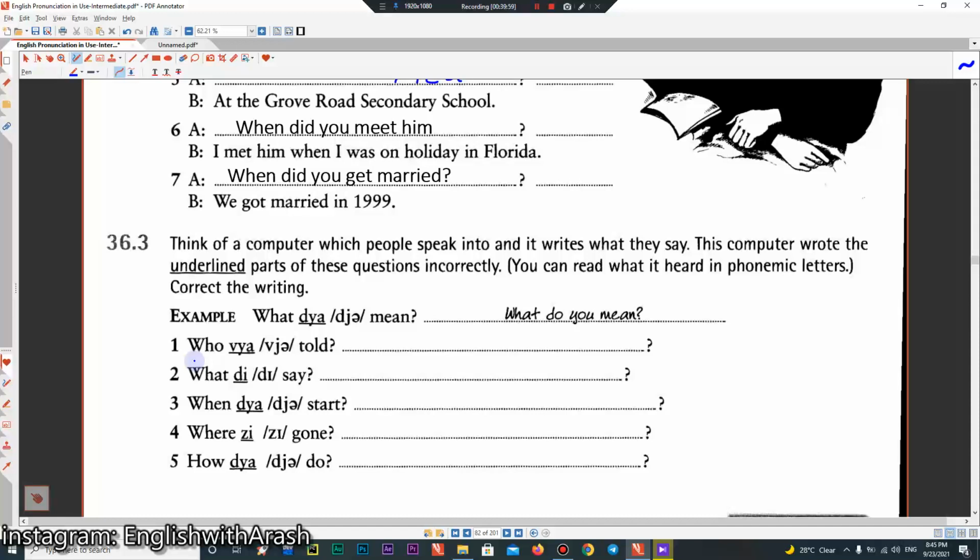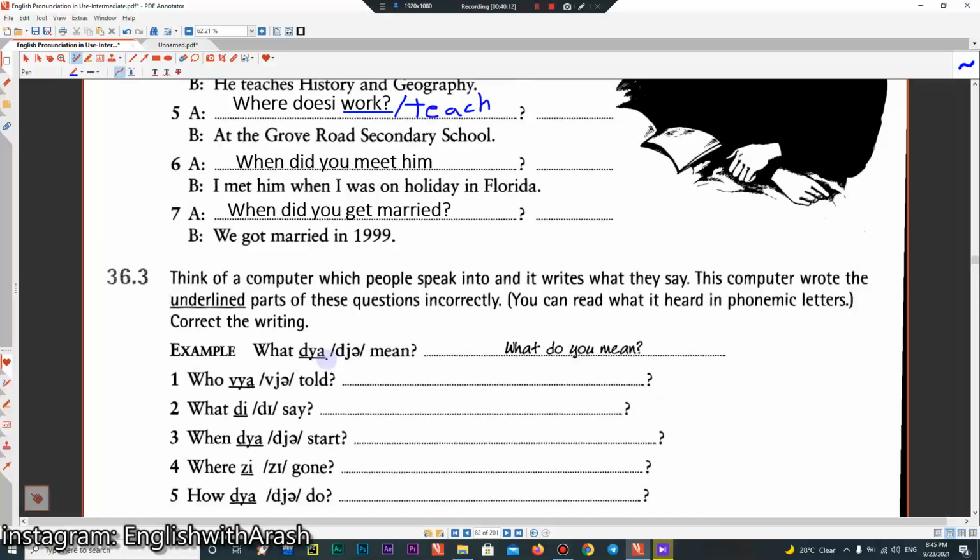And now we have to say where the computer fails. For example, I told the computer, hey, what did you mean? Or what do you mean? But the computer typed this for me, but this is not what I wanted the computer to type for me. So the computer should have typed, do you.